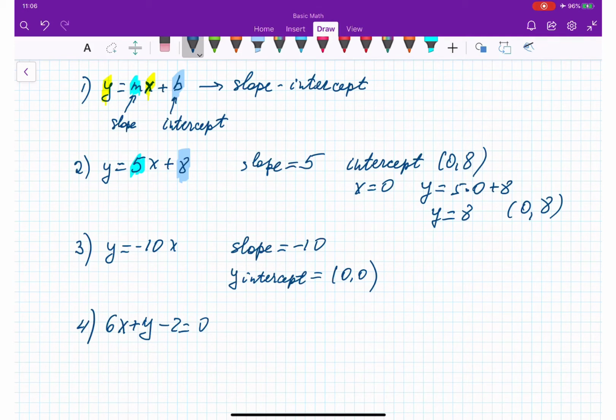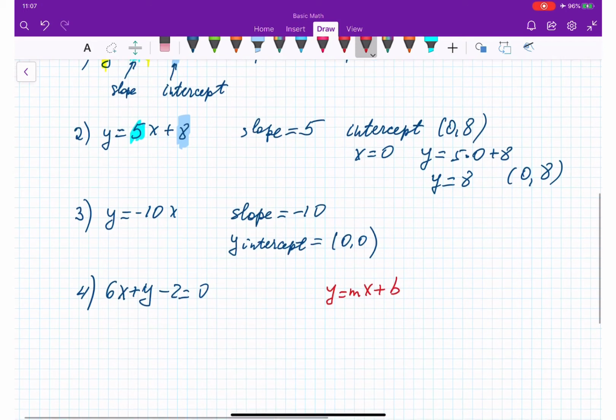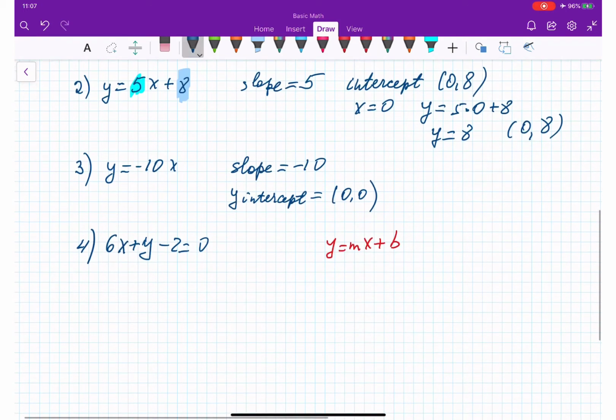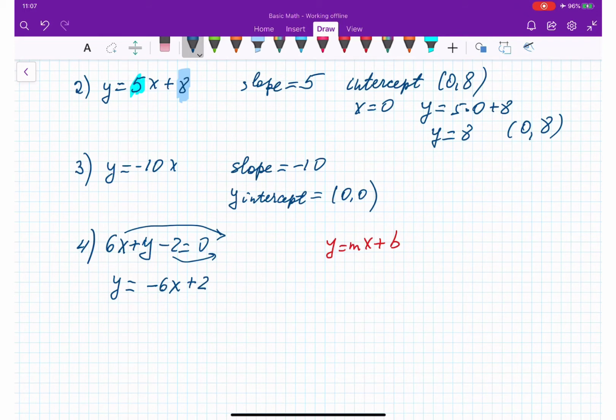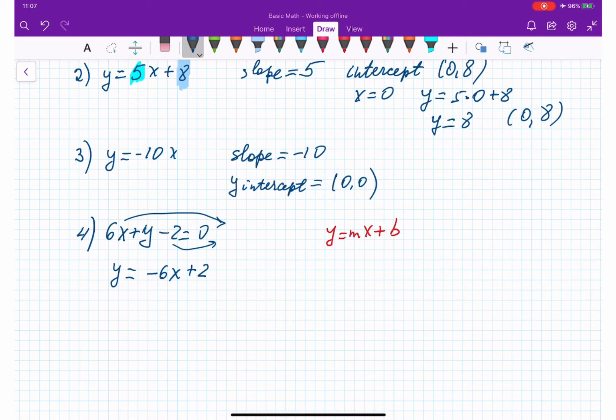And slope-intercept form is y is equal mx plus b, right? Which means we have to find y from this equation. So what we do, we move this negative 2 on this side, we move 6x on this side, and we get y is equal. See, 6x is positive. Once we move, it's going to become negative 6x. Negative 2 is negative, which once we turn will become positive 2. All right? And this will be our slope-intercept format.